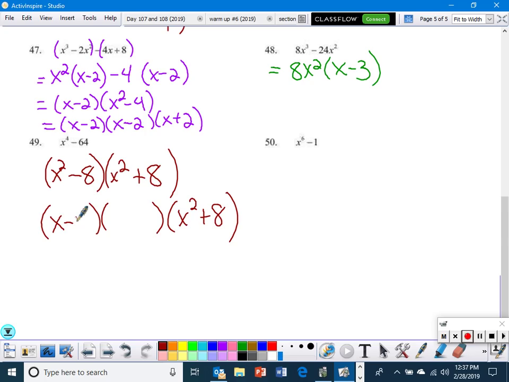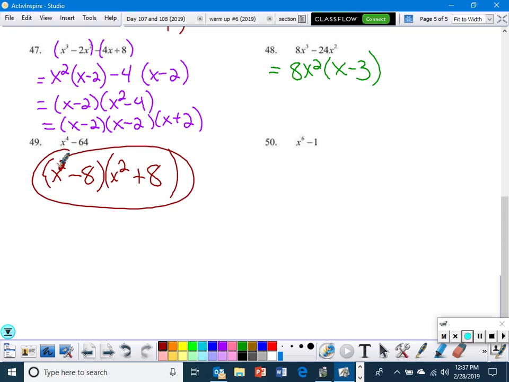I'm wrong. I goofed. That is not a difference of 2 squares. Okay, I am silly. I don't want to erase it. That is it. We can't do anything more to it. So we have to leave it. That's it.